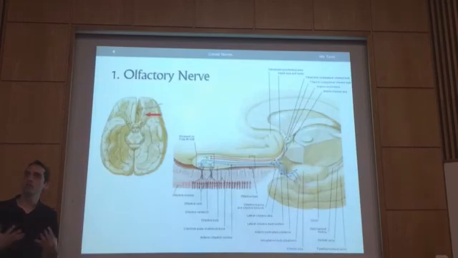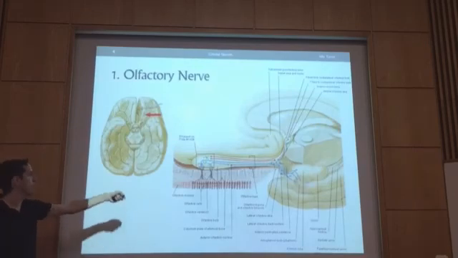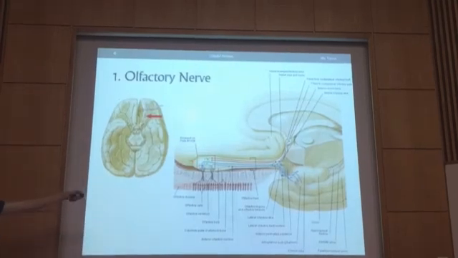Information about odor, about smell, goes through the olfactory nerve to the olfactory bulb, and then goes through the olfactory tract. And then the olfactory tract separates into two striae, two stripes. Lateral olfactory stria and medial olfactory stria. In humans, all of the olfactory information goes through the lateral stria.